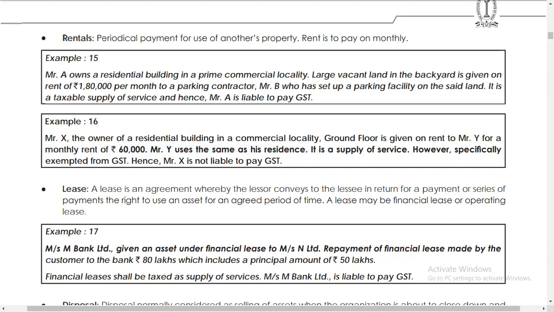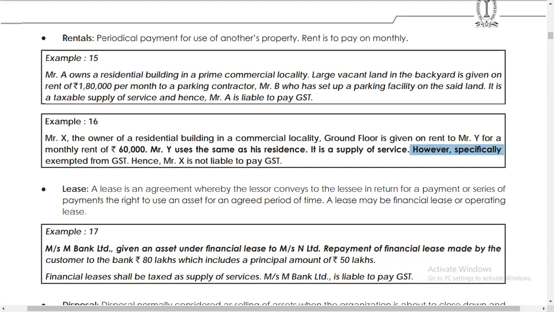I already told you, if it is a residential purpose, it will be exempt. It is a supply of service, obviously, but this is exempted from service tax or GST. Just remember this point. This is very important. A lot of times they ask it in exam questions. So just remember.